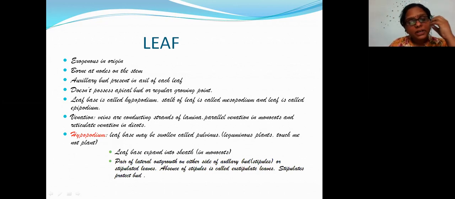First the stipulated leaves come out, then the bud develops into a leaf. So when we say bud, don't think it's a flower bud. Each and every part of the plant, whether it is a leaf, a flower or a fruit, comes from a small bud which develops on the node. Okay, is it clear?